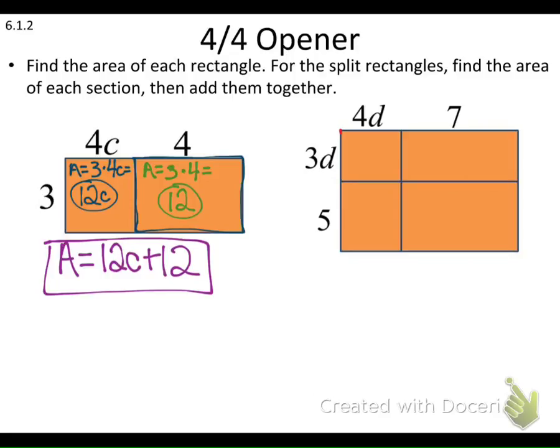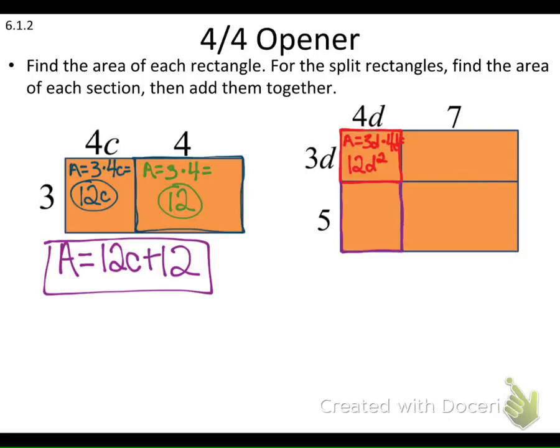Okay, we are looking at this rectangle first. So, A equals, what's my height for this rectangle? 3D. Times it by, what's my width? 4D. To equal? 12D squared. Very good. All right, let's go down to this bottom rectangle here.